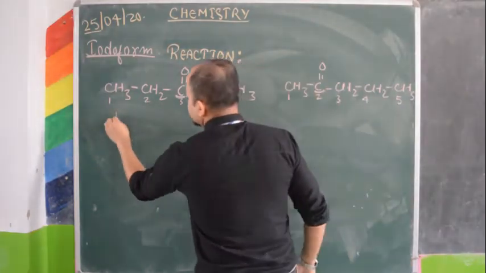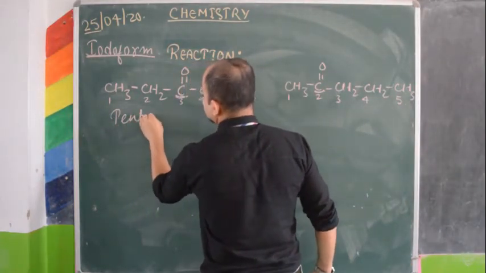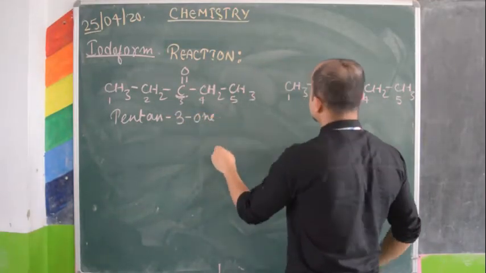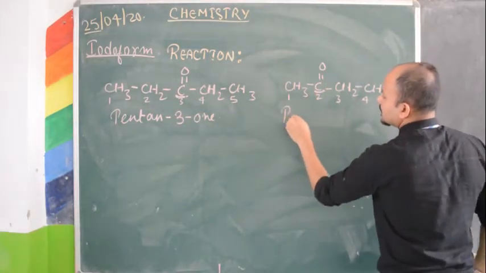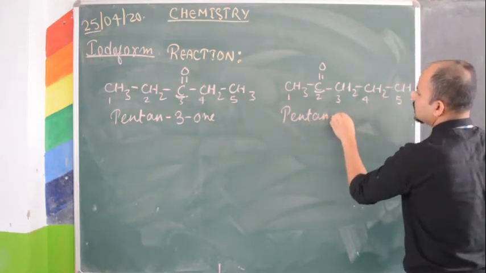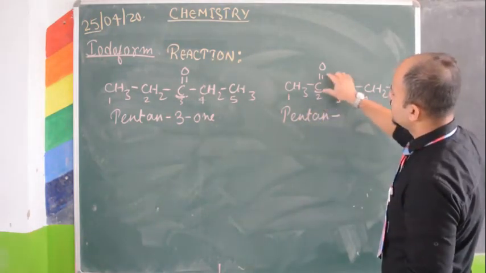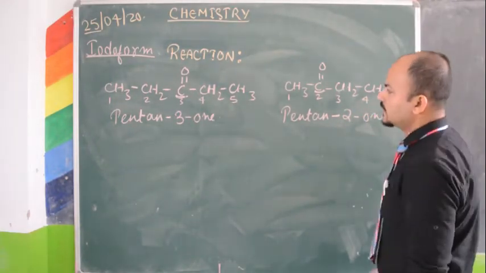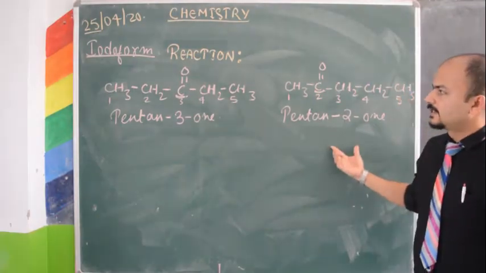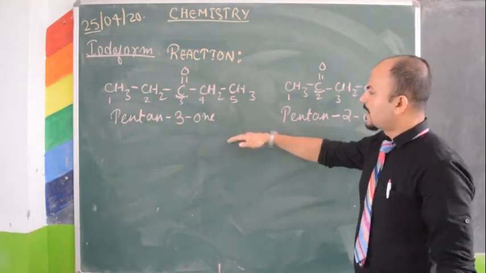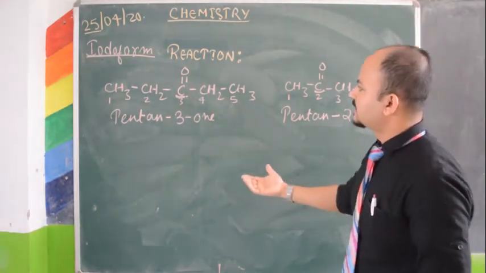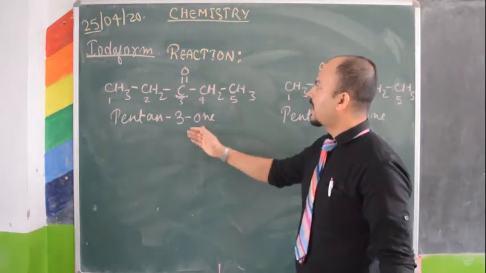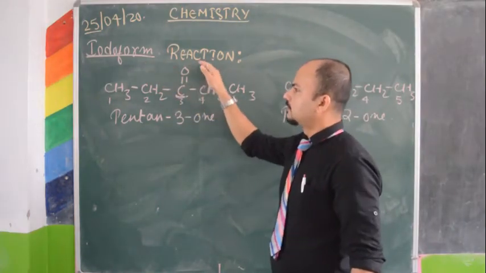So it is pentan-3-one, and this compound is pentan-2-one, where at the 2 position we have C double bond O. Now these two compounds look in many respects the same, and they can be distinguished by making use of the haloform reaction.